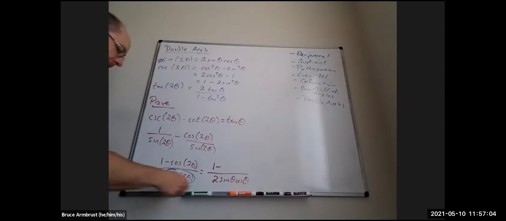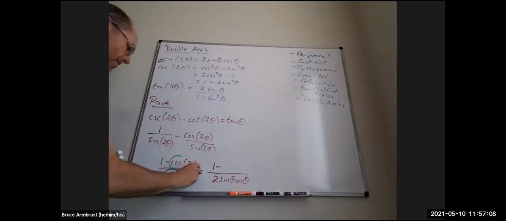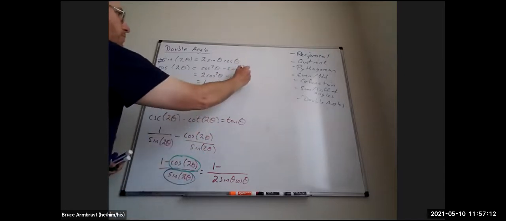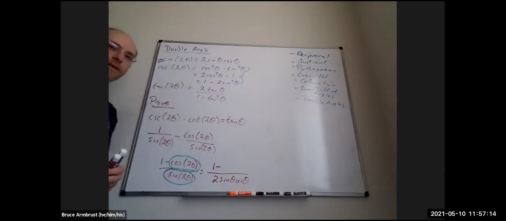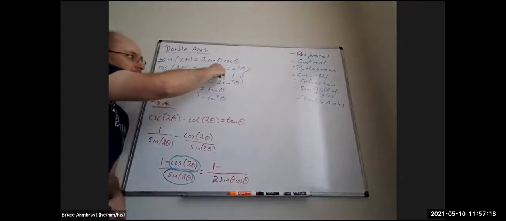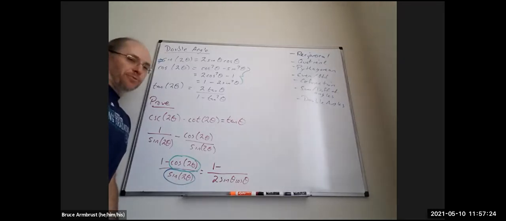All right, and then on top, I've got a cosine of 2 theta. So we want to do the same thing. Uh-oh, but I have 3 choices. I can use any one of those 3. So I guess in reality, it doesn't matter which one. I just pick one and use it.